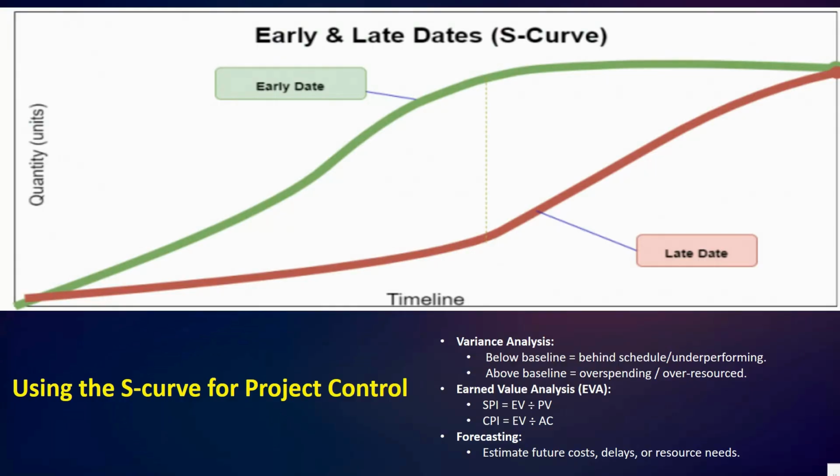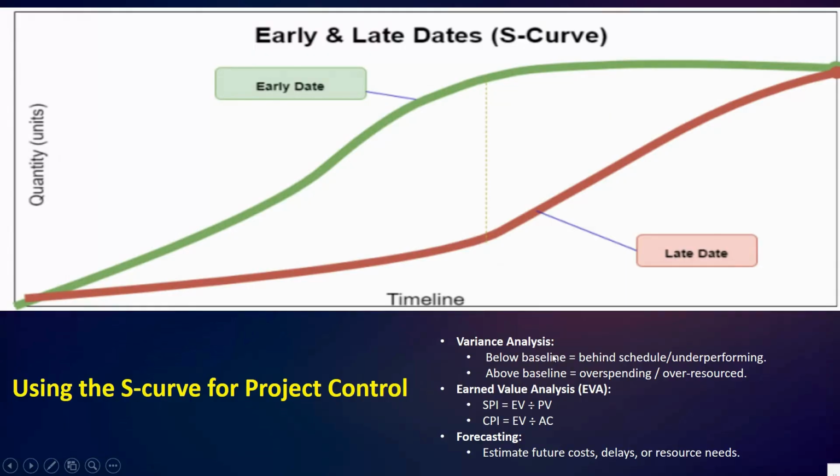S curves are not just for reporting; they are a powerful tool for project control. So, using the S curve for project control, here you can see we have variance analysis, then earned value analysis, then forecasting.